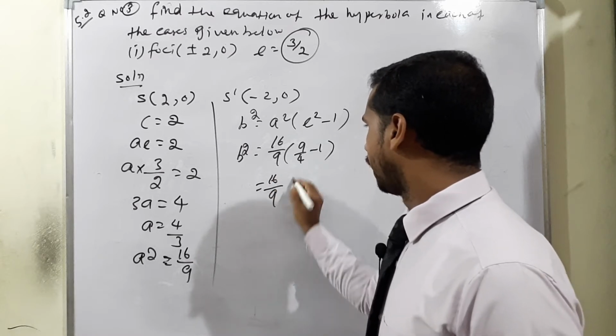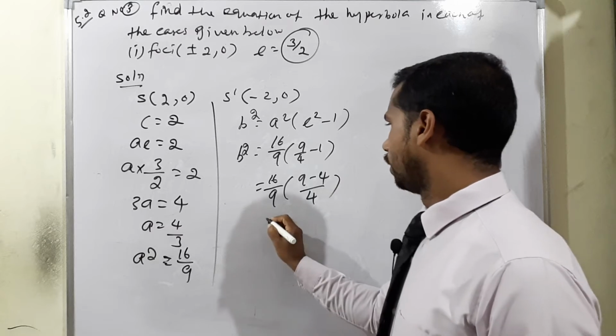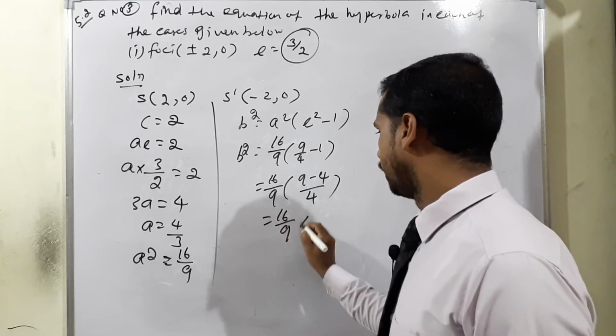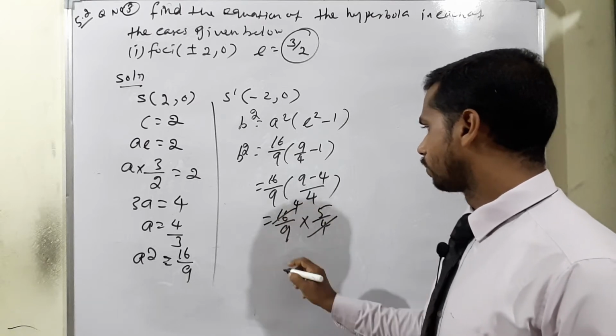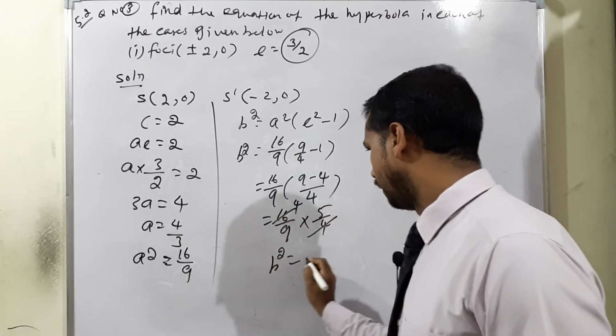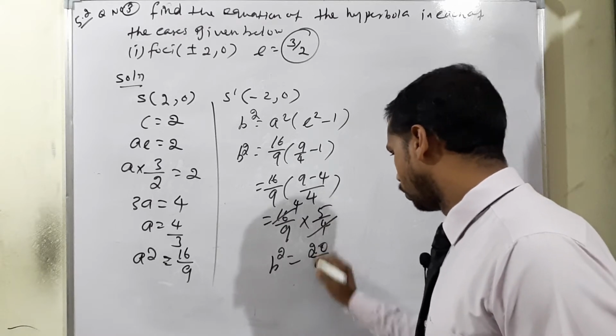Again 16 by 9, 9 minus 4 means 5 by 4, so 4 and 16, 4 times, therefore b square is equal to 4 into 5, which means 20 by 9.